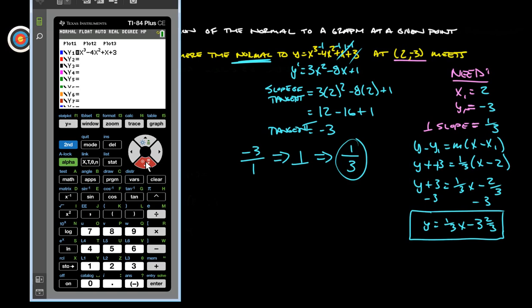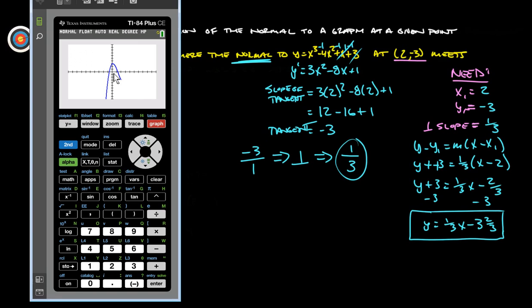And then in the other equation, 1/3 x minus 3 and 2/3. 3 times 3 is 9, plus 2 is 11, so minus 11/3. And we graph that.